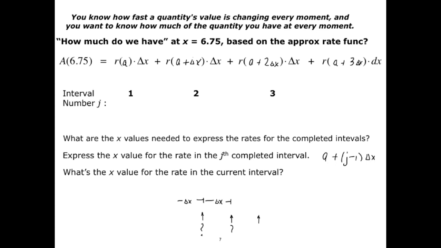Okay, what's the X value for the rate in the current interval? How many intervals do we go across to get to the current interval? How many intervals is that? Okay, but then what about in any situation? You're really going across what?